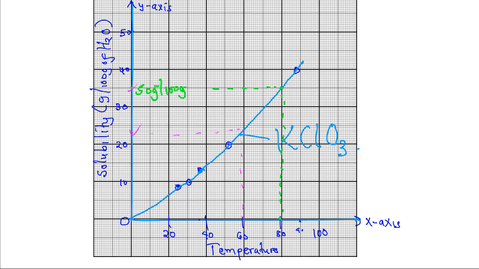And you can see that by simply looking at different solubility curves. Let us now have a series of solubility curves that we can use to analyze how different salts dissolve in water.